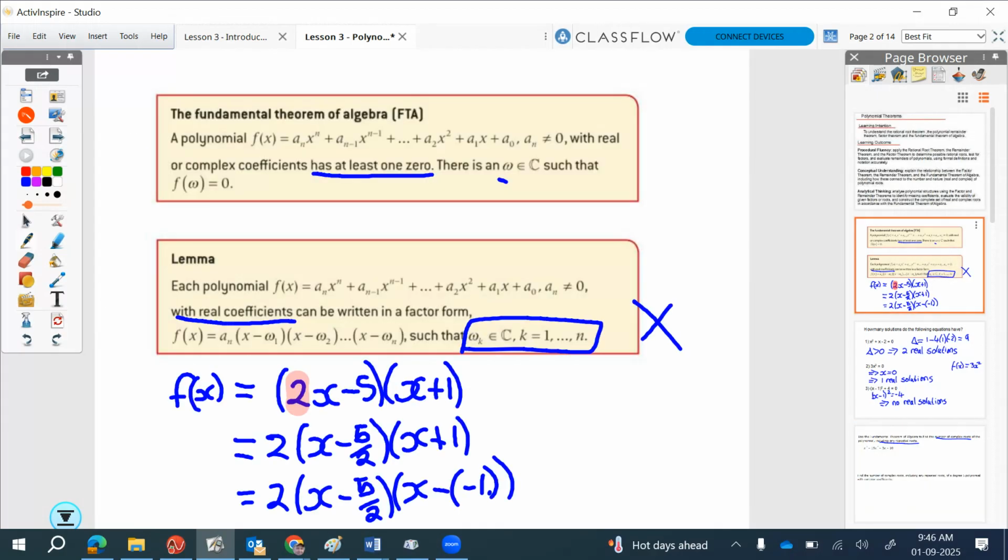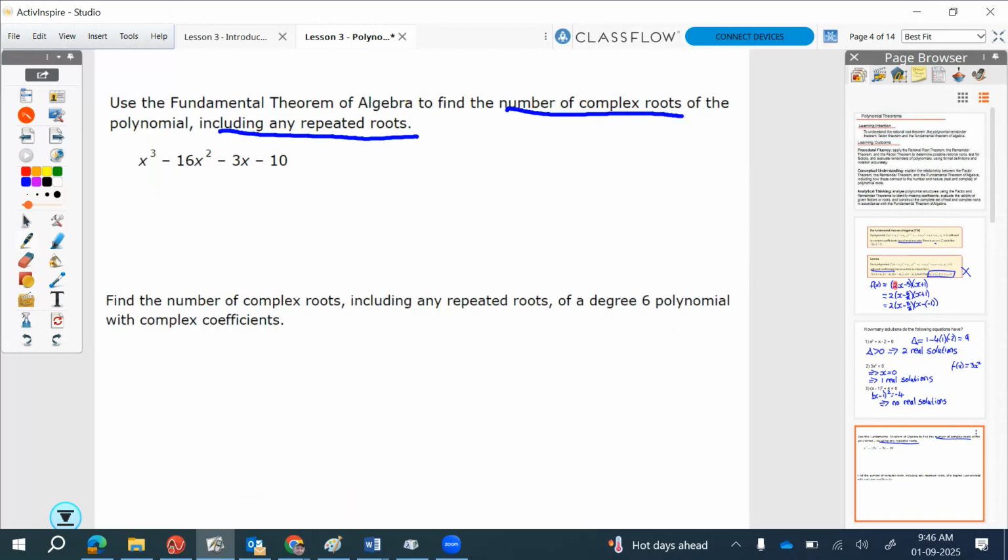The theorem says that we can take any polynomial, this would be a third-degree polynomial, and we would express it as 3 factors, meaning 3 roots. So including repeated roots, it's going to have 3 roots.